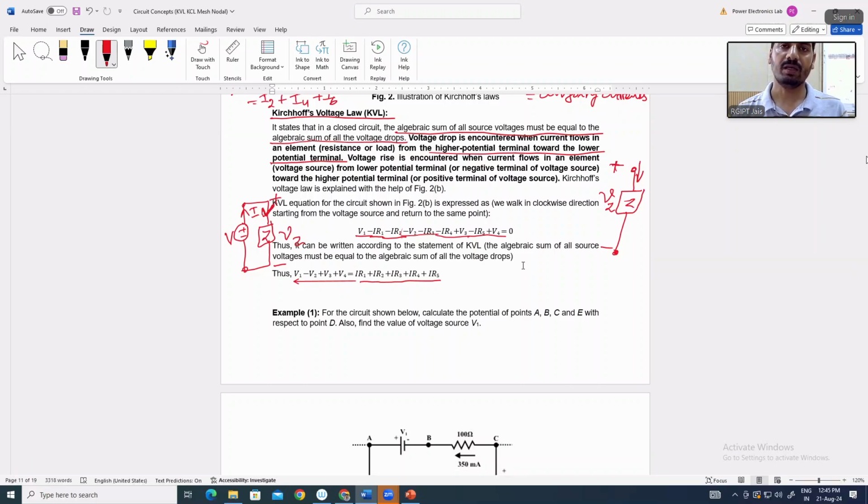Whereas as per KVL, the algebraic sum of all voltages, meaning voltages due to voltage sources and voltage drops across the elements, in a loop will be 0. Okay.